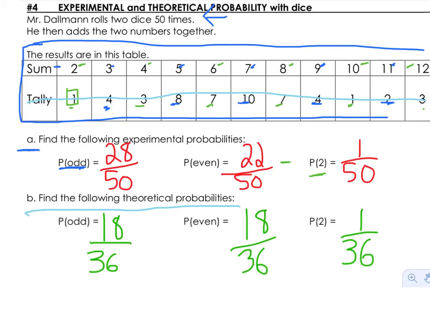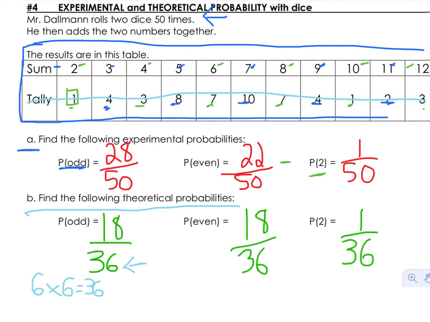I know that when you roll 2 dice together, you have a possible of 36 combinations. You have 6 combinations on the first dice, and you have 6 combinations on the second dice. Multiply them together, you get 36 total possible combinations, which is why 36 is my denominator in theoretical probability.